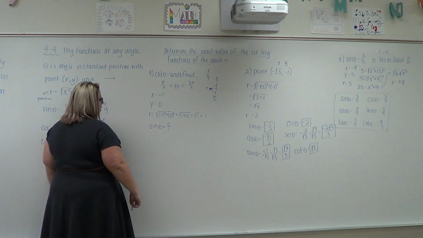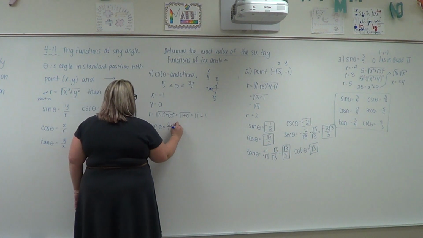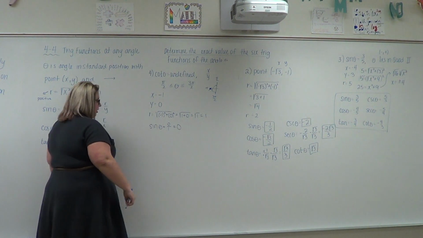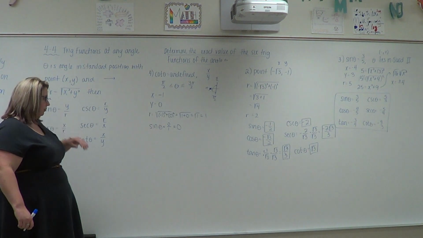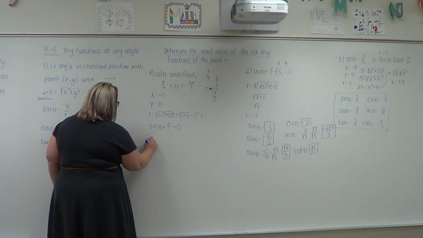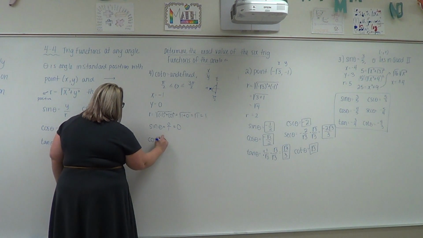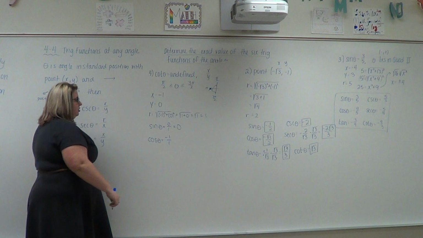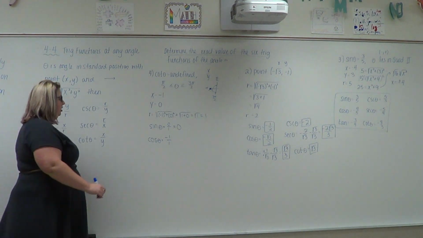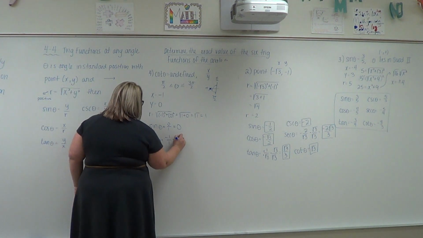So what's 0 divided by 1? 0. Cosine, that's x over r. So -1 over 1 would be -1.